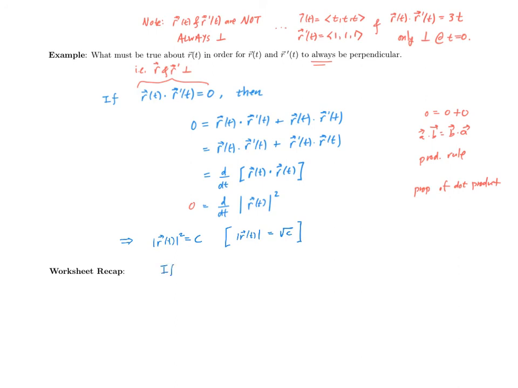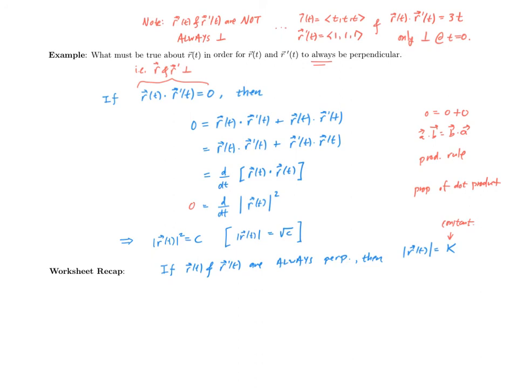And if r of t and r prime of t are, and remember the key word here, always perpendicular, then the magnitude of r of t is equal to, I'm just going to simply say k, where this k is a constant, which is exactly what we've seen from the above work.